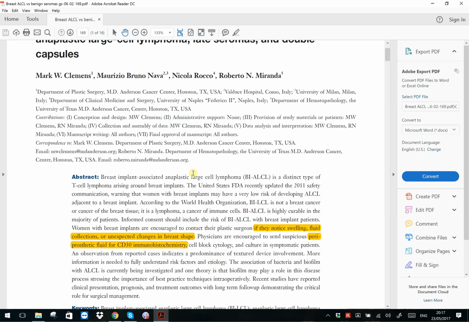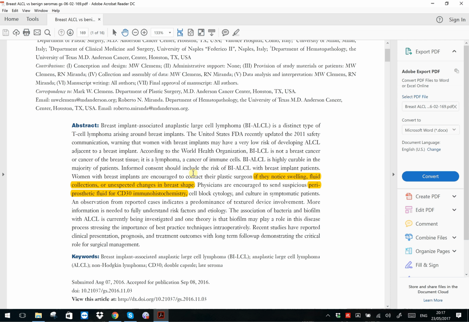And if a woman notices swelling, fluid, or unexpected changes in breast shape, she should go to her doctor, and her doctor should provide the diagnosis of a late breast seroma after silicone implantation and analyze the fluid.